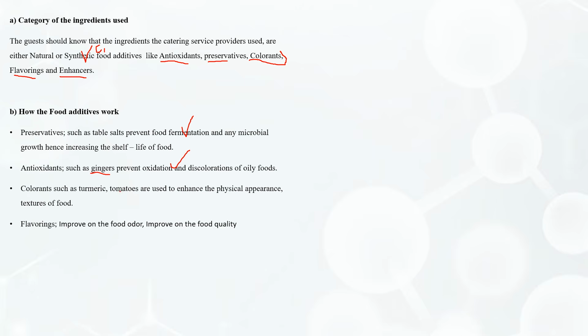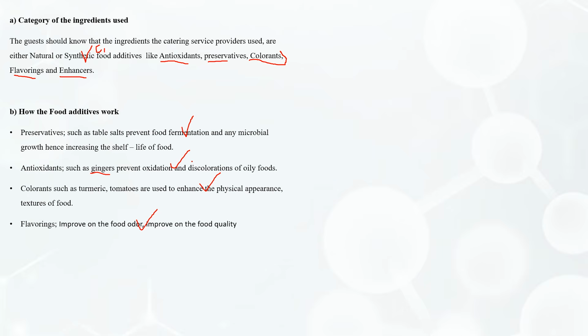Then colorants like tamarind, tomatoes, I believe we saw all these in the picture, are used to enhance the physical appearance. Then flavorings improve on the food odor. I believe you heard about the aroma. The aroma was very good. Where are we getting all these, the antioxidants, the preservatives, the colorants, the flavorings, enhancers, from?